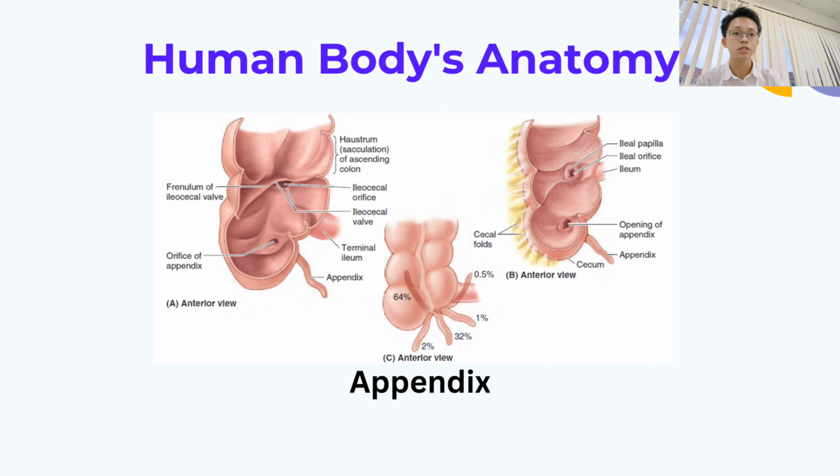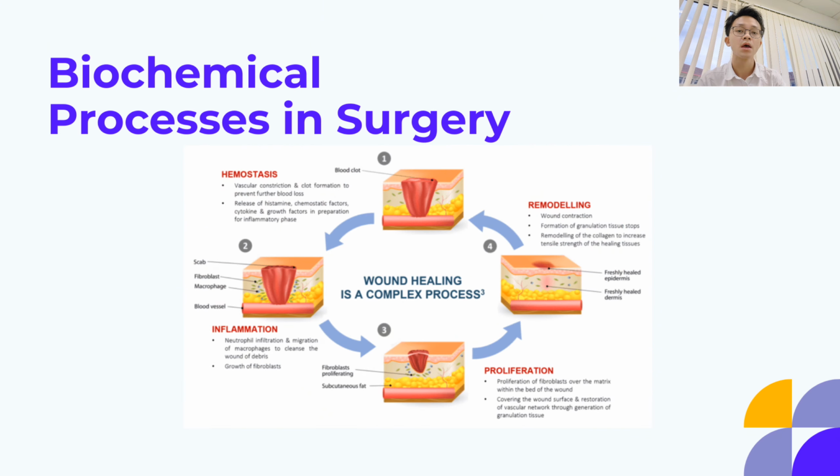Understanding anatomy is crucial, but surgeons must also navigate the biochemical processes that occur during conditions like appendicitis. Biochemical processes like wound healing and electrolyte balance are integral to surgical care. For wound healing, after surgery, the body undergoes a healing process involving coagulation, inflammation, and tissue remodeling.